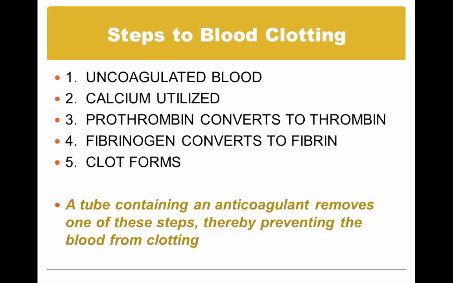So this would be like the light blue and lavender tubes. But the way you want to draw is you want to do your uncoagulated blood first, calcium utilized blood next, prothrombin converts to thrombin, fibrinogen converts to fibrin, and then the clot forms. So a tube containing an anticoagulant removes one of these steps, thereby preventing the blood from clotting.